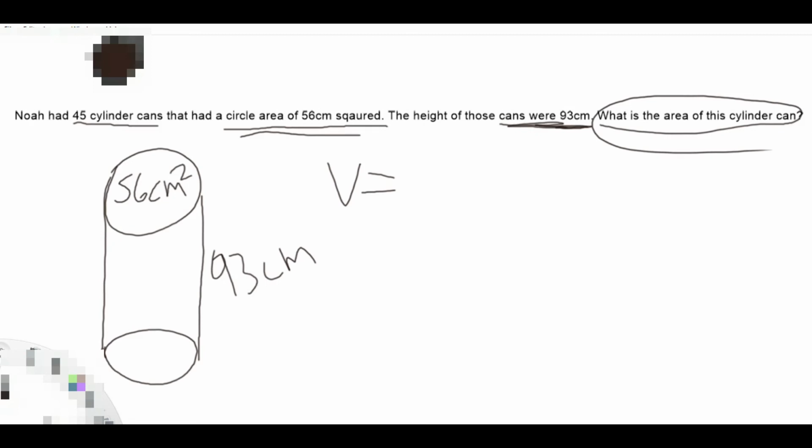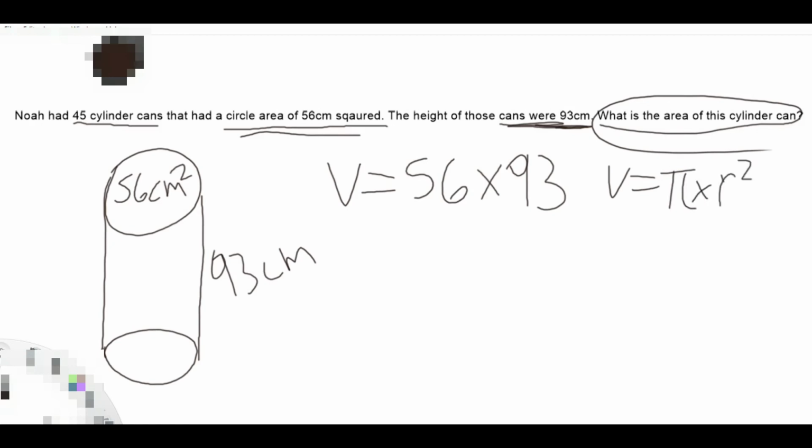So volume equals 56 times height, which is 93. And let me write the formula here: pi r squared h.